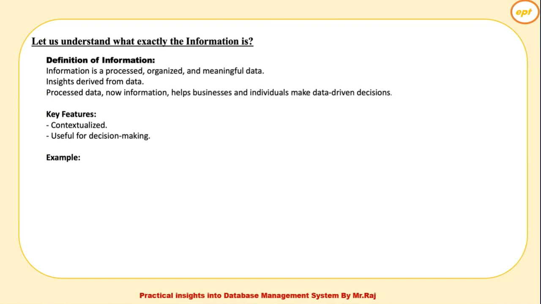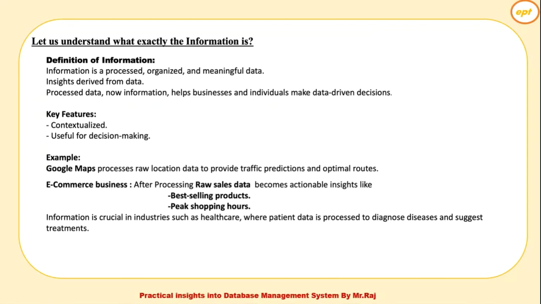Sometimes you will find alternative routes also, right? That is the information. Traffic prediction and optimal routes, and alternative routes, right?